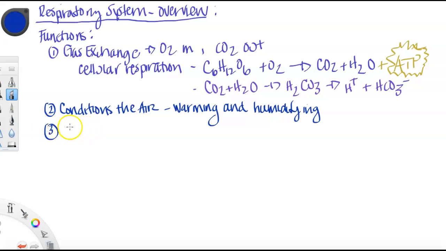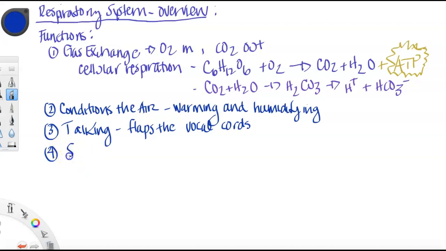All right, the next thing, talking. That flaps your vocal cords, and that produces sound. Okay, pretty important. All right, smell.